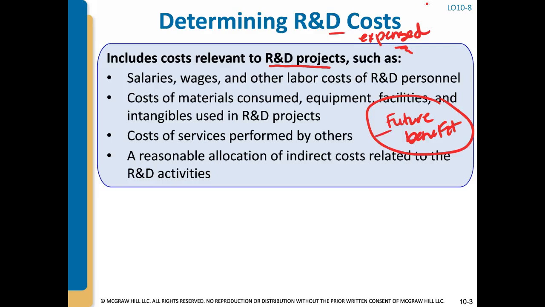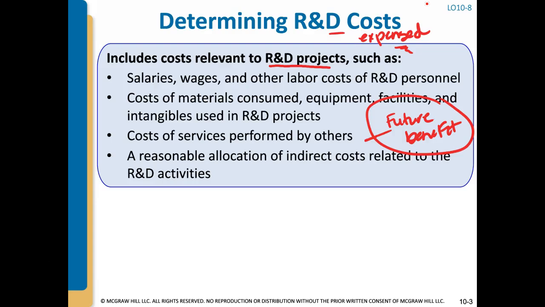There's a lot of projects that are left on the table because as they get into the details, they're just not feasible for one reason or another. But because you don't know which R&D costs will provide future benefit or not, GAAP says that R&D costs must be expensed on the income statement.